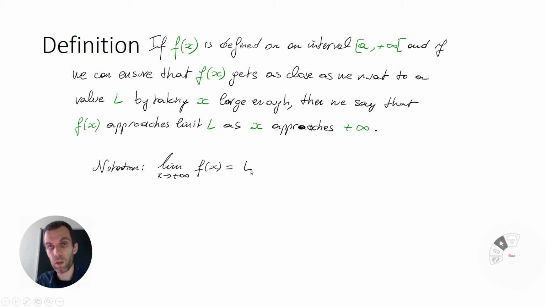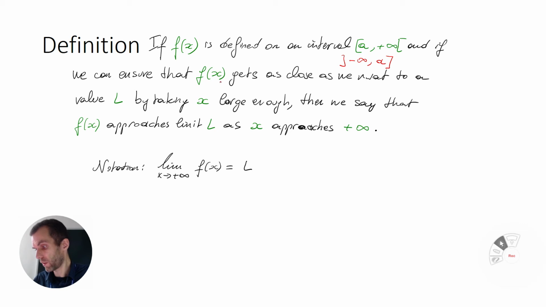The same definition holds if you go to minus infinity, but now you have to change all the signs. So here we want f to be defined on an interval starting at minus infinity, roughly speaking, and going to a value a.